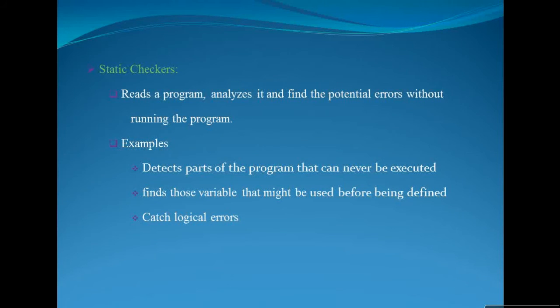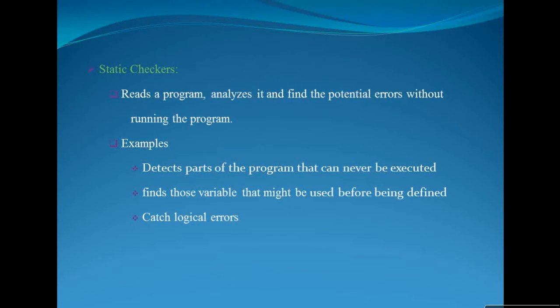So next are static checkers. The next tool in the analysis of the source program is the static checker. The static checker reads the program and finds any potential error that may occur during the runtime of the program. So a static checker mainly analyzes the source program and finds potential errors without running the program.